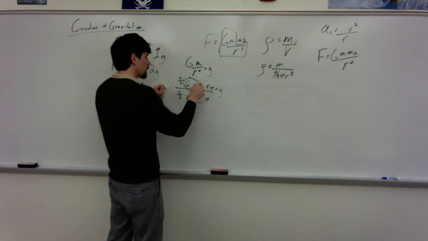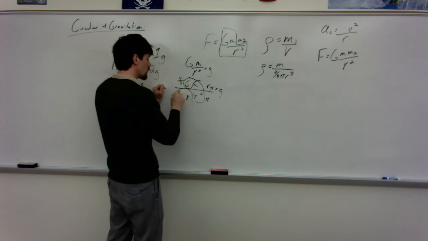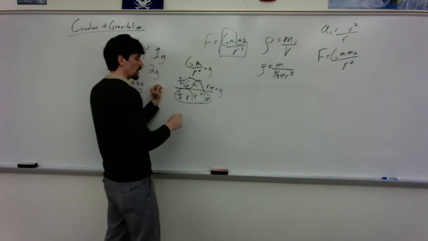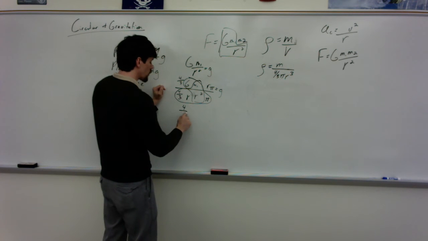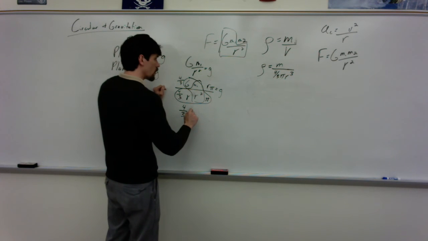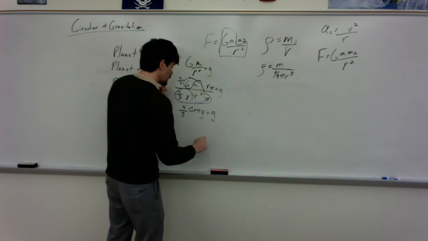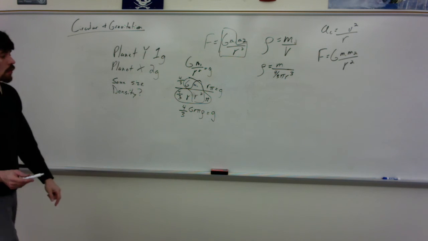So this is rho. So that means I can write this 4/3 G r rho is equal to g. Now, what do I mean by that?